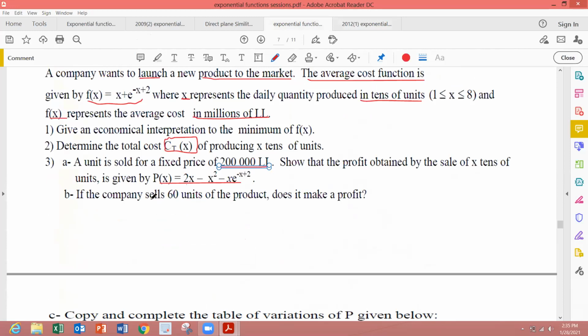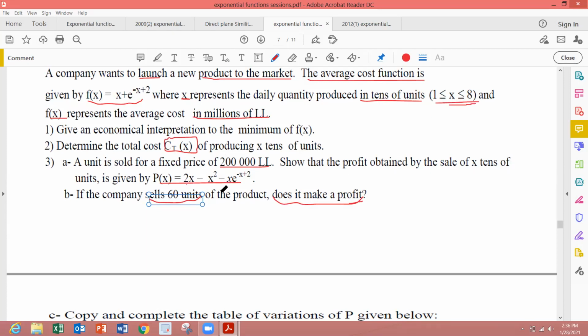If the company sells 60 units, does it make a profit? How to know if it makes a profit? The profit has to be more than 0. What do we do in order to know if we have a profit? P of 6. Pay attention, x is between 1 and 8.